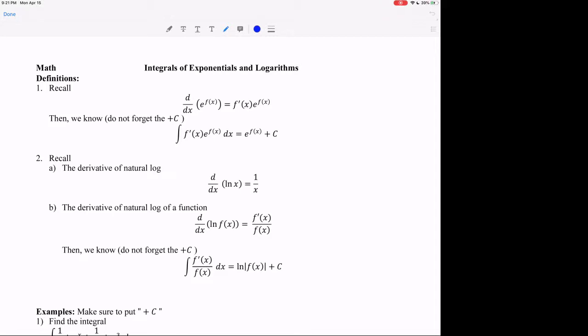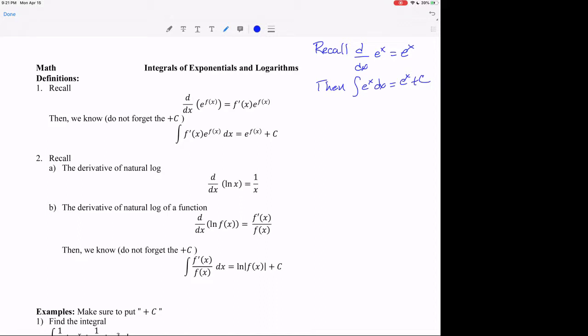All right. So I want you to recall that the derivative of e to the x is e to the x. So then if I want to integrate e to the x dx, then I get e to the x plus c.